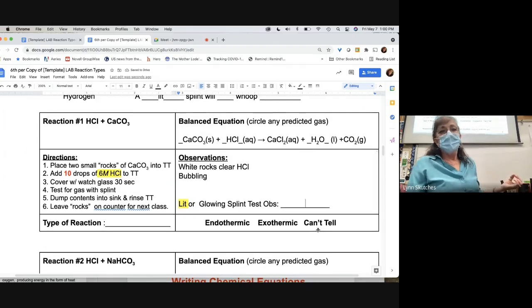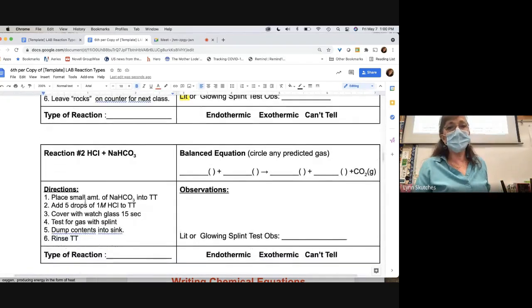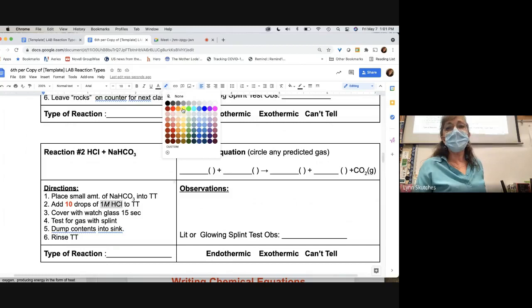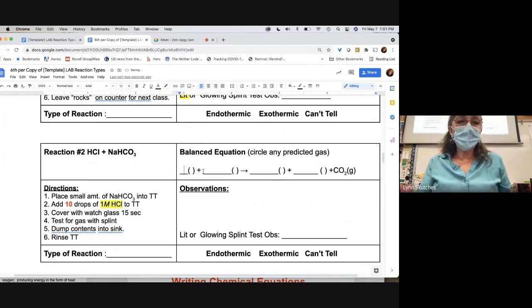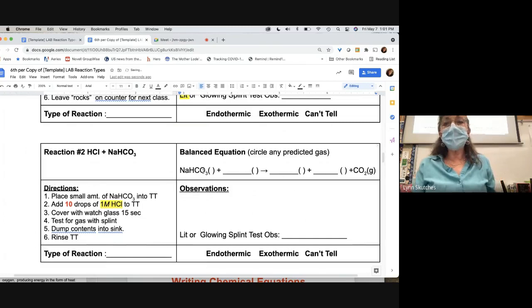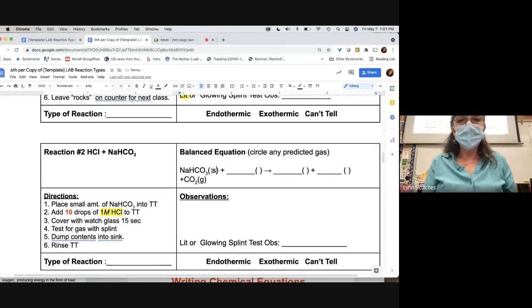All right, same process for reaction 2, except we're going to use the 1 molar hydrochloric acid, so the less concentrated, the stomach acid concentration, and we're using baking soda. So sodium hydrogen carbonate is the fancy name for baking soda. Same sort of thing is going to happen. The baking soda is going to react with the hydrochloric acid.